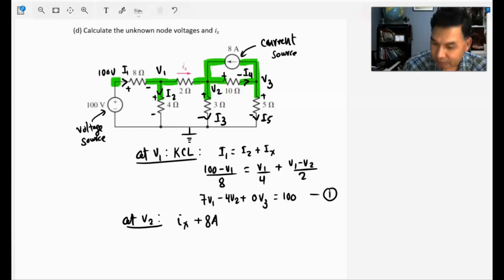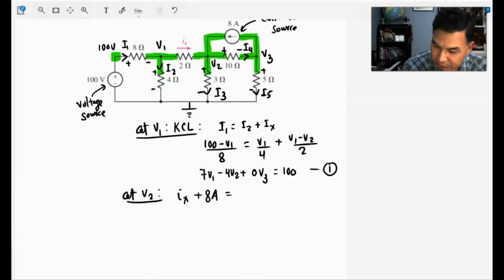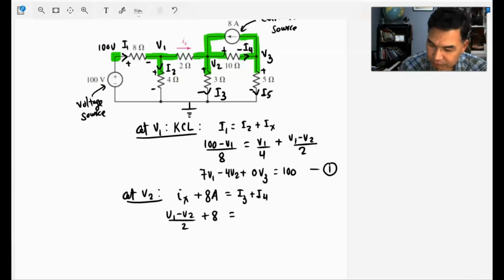So Ix plus 8 is equal to I3 plus I4. Ix is (V1 minus V2) divided by 2 ohms, plus 8, equal to I3, which is V2 divided by 3 ohms, plus I4, which is (V2 minus V3) divided by 10 ohms.